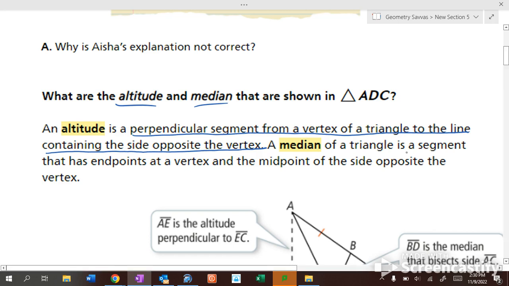Then the median of a triangle is a segment that has its endpoints at the vertex and the midpoint of the opposite side.